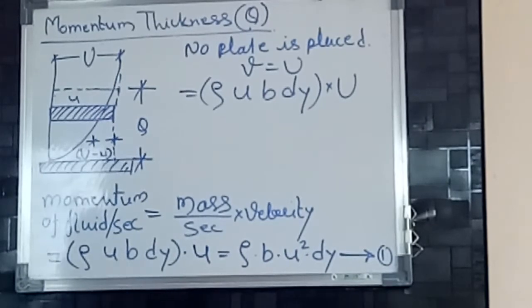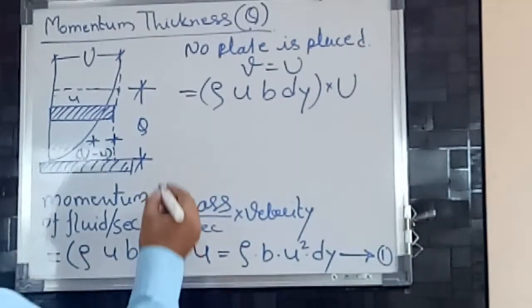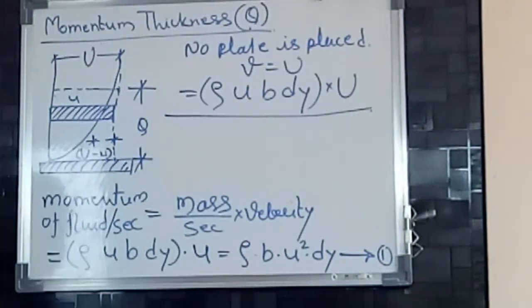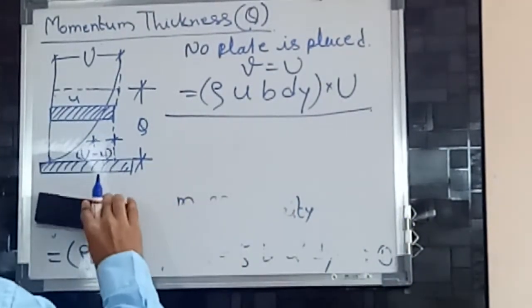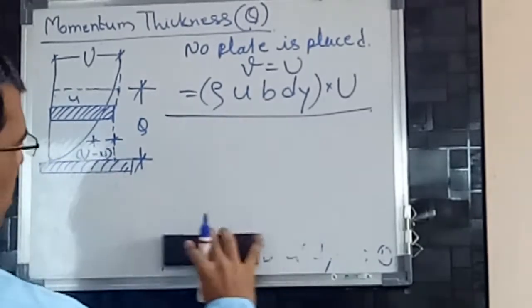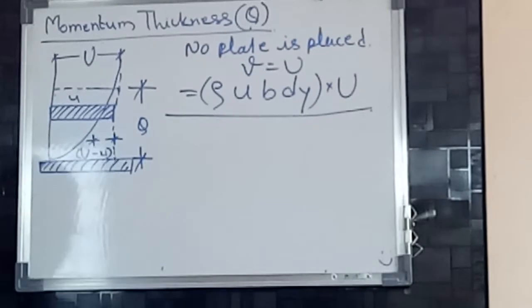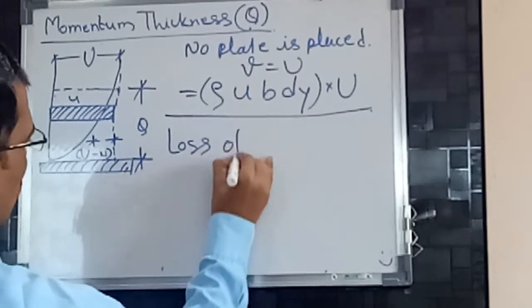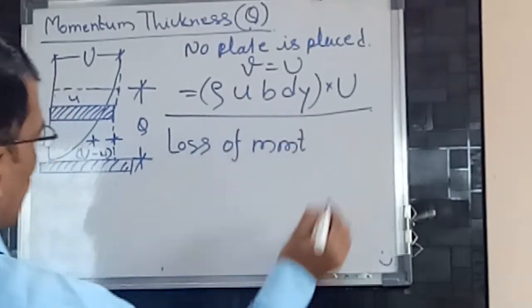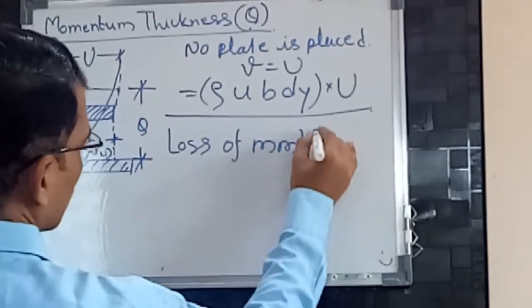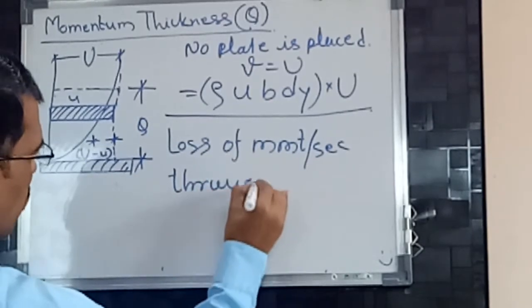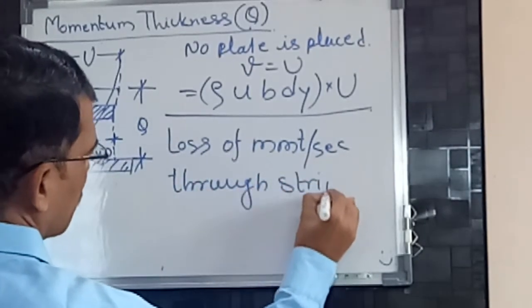Okay. The loss of momentum per second through the strip.